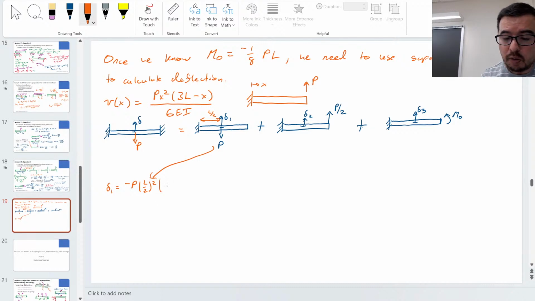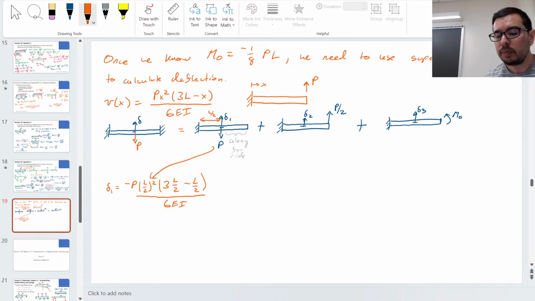So the rest is along for the ride. This is 3L over 2, at the end of that half beam, and this is over 6EI. Any questions on that?